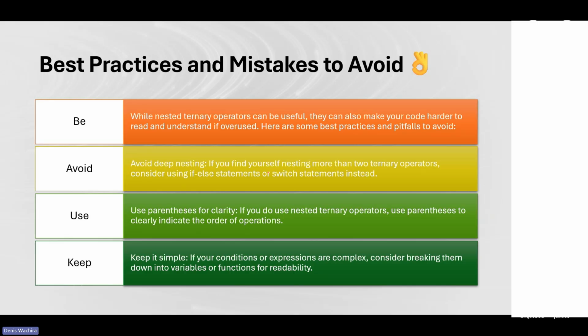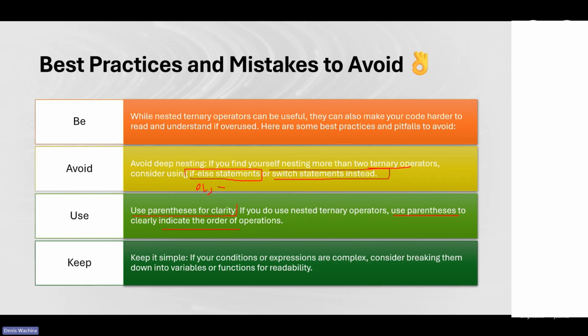So if you find yourself nesting more than two ternary operators, consider using what? The if statement. Now the actual one, because you can use the else if another, or the switch what? Statement. Then use parentheses for clarity. So if you do not use the nested ternary, you can use the parentheses to clearly indicate the order of that operations.